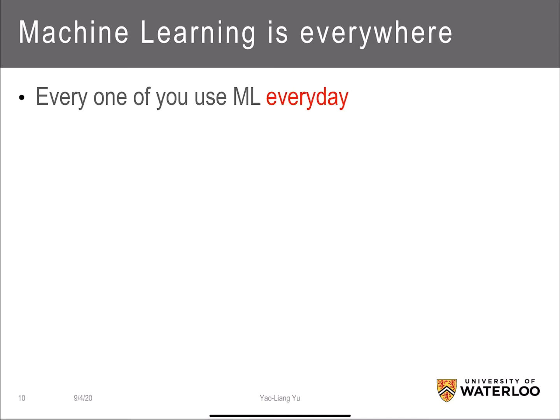In fact, every one of you use machine learning every day. Okay. For instance, when you open your mailbox, there is a machine learning algorithm behind your mailbox. Right? For instance, there may be an algorithm that detects if an email is a spam or not. Right?